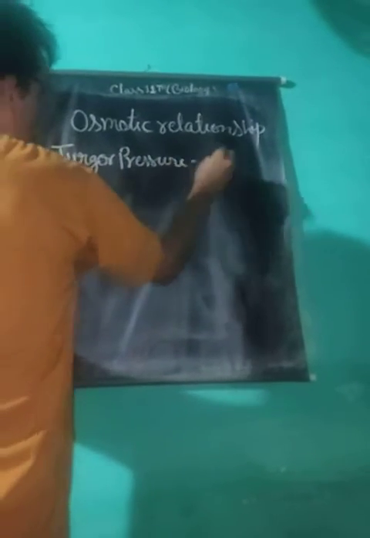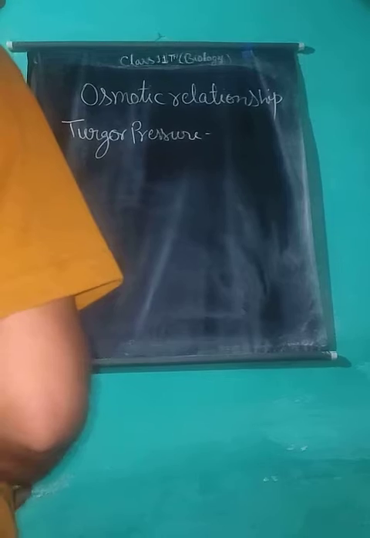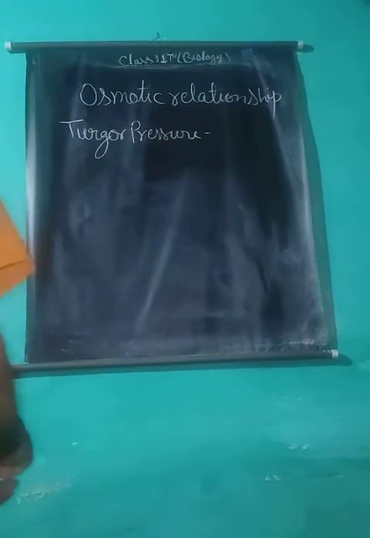The pressure arises due to turgidity of the cells. When a cell absorbs water, it swells up, and this condition is called turgidity. Due to turgidity, or due to entrance of solvent from outside into the cells, a pressure is created on the wall of the cells. This pressure is called turgor pressure.